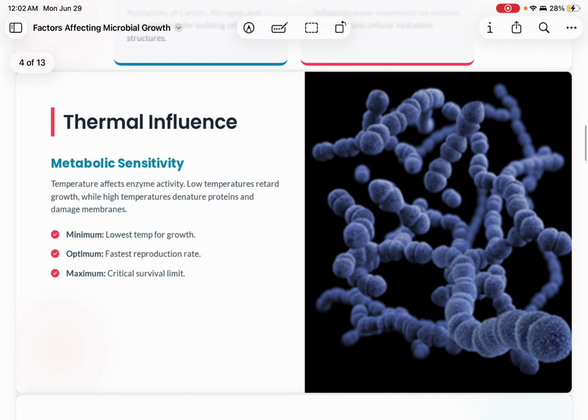Then we have the thermal influence, which is metabolic sensitivity.